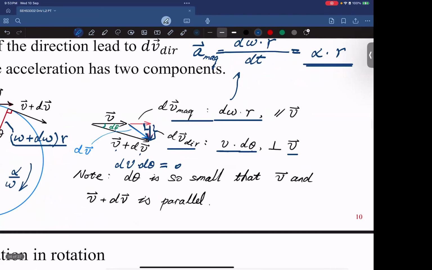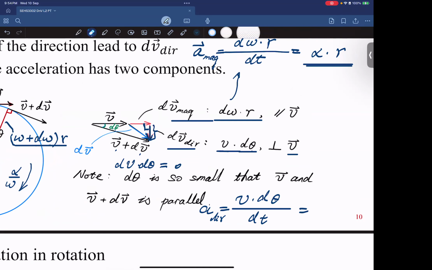v d theta, pay attention, over dt. Why over dt? Because we want to know the acceleration from the direction. This part, v times d theta over dt, is v times omega, right?